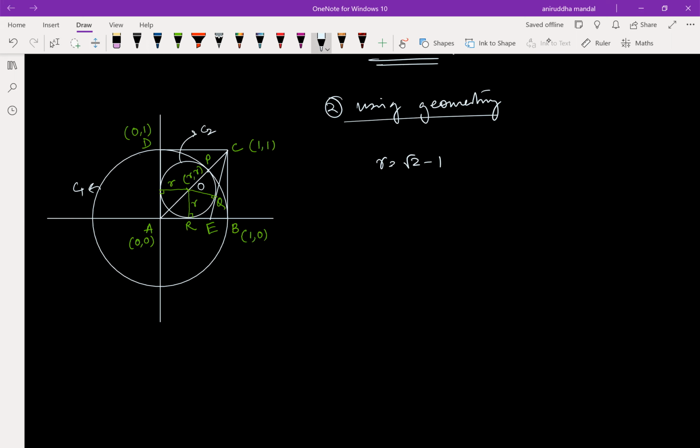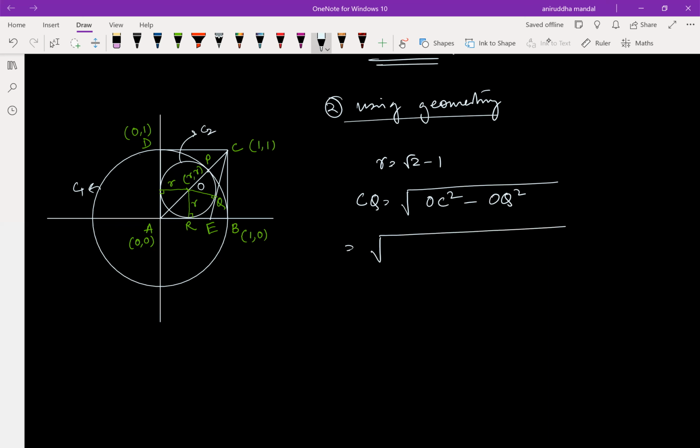Now we have to find the value of CQ. So CQ can be found out from this triangle OCQ. CQ can be written, using Pythagoras theorem, as CQ equal to OC square minus OQ square.